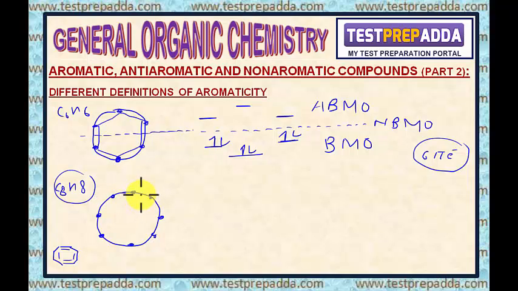Total 8 vertices are present in this cyclooctatetraene. Now I will join these points like this, this, this, this, and this.